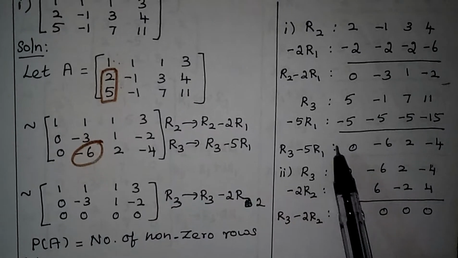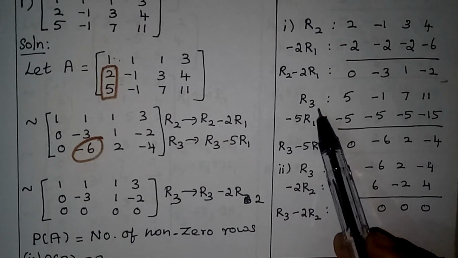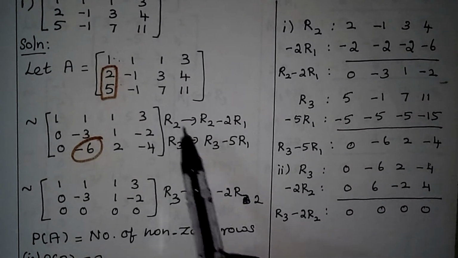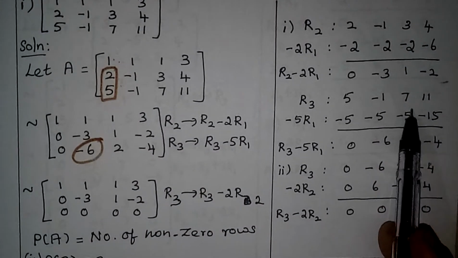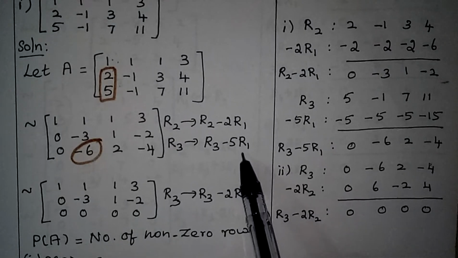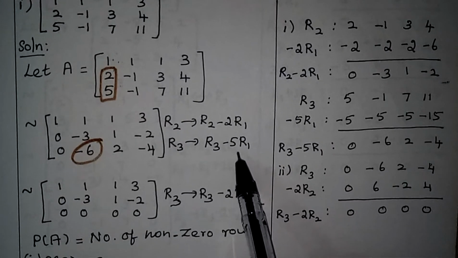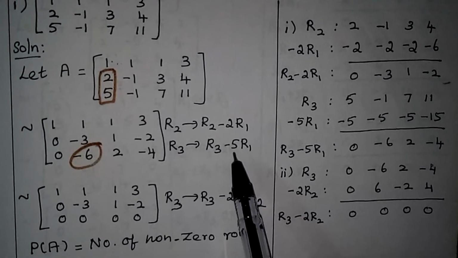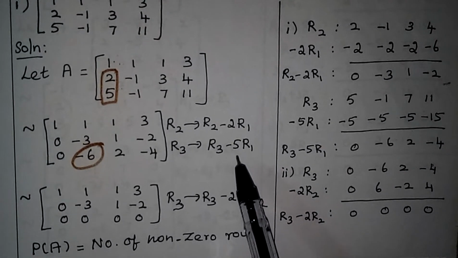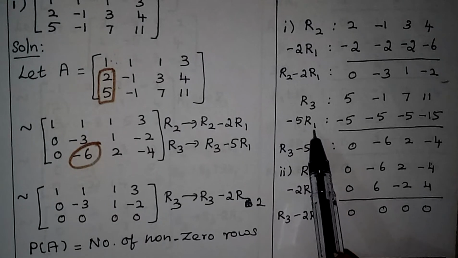So the calculation I have written here. R3 element first you have to write. R3 element is what? 5, minus 1, 7, 11. That only I wrote here. Next we need minus 5 times R1. Okay. So here also same way. You can find 5 times R1 and you can subtract both. Or you find minus 5 times R1 and you add both. I am finding minus 5 times R1.